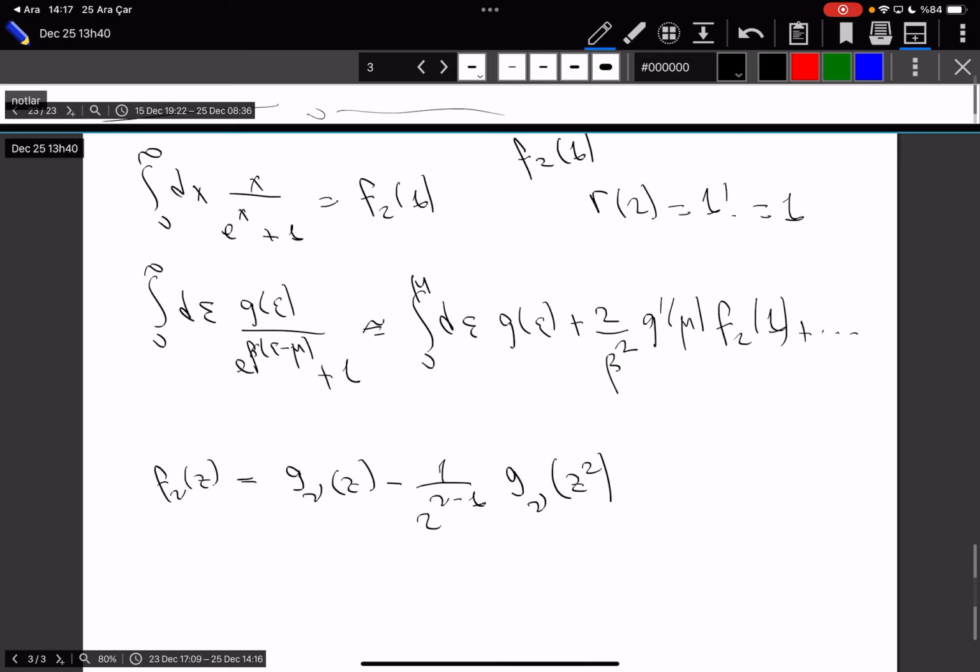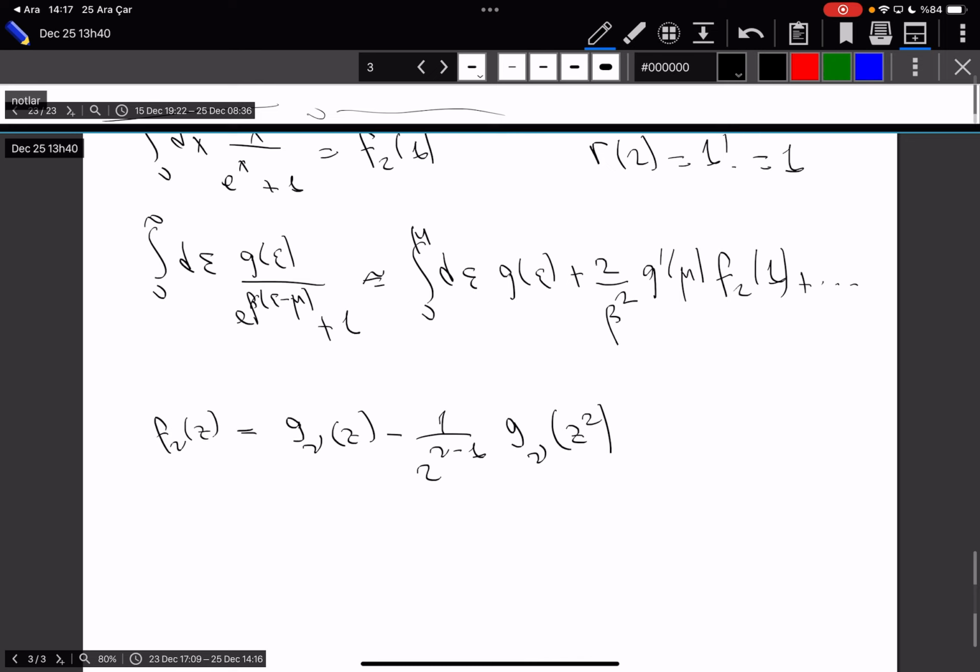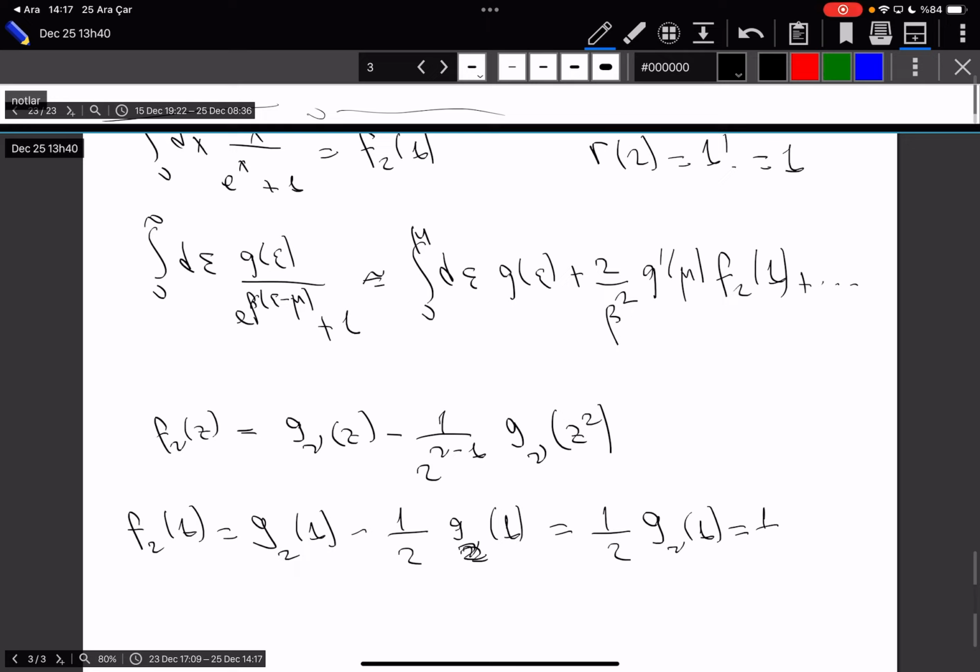This is one thing we had derived. G functions are the functions we know from the boson. So F2 of 1 is G2 of 1 minus 1 over 2 G2 of 1. Well, z equal to 1 is nice because z squared is also 1. So this is 1/2 G2 of 1, which is 1 over 2 times the Riemann zeta function at 2.